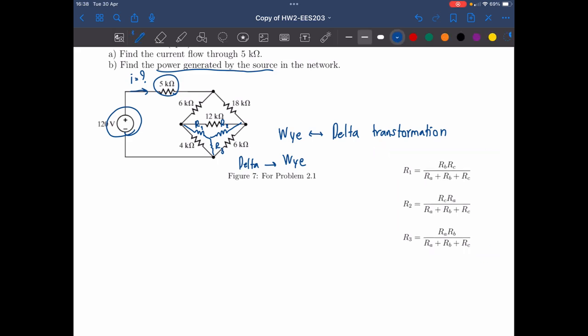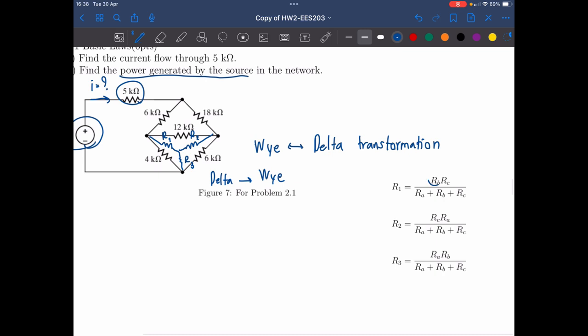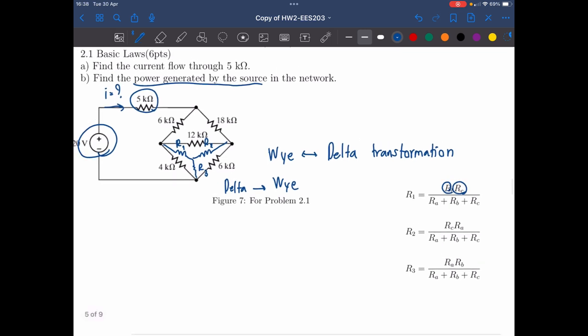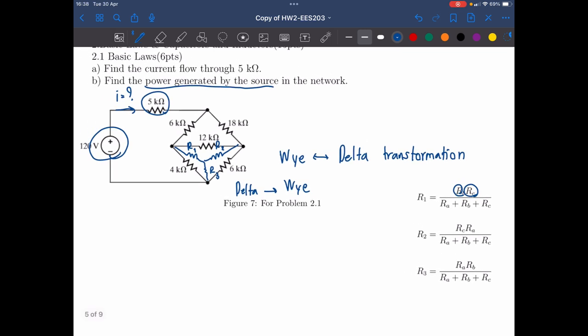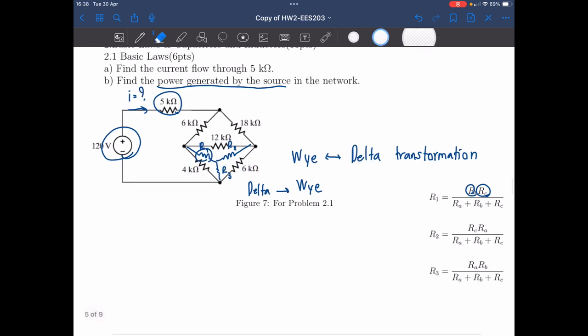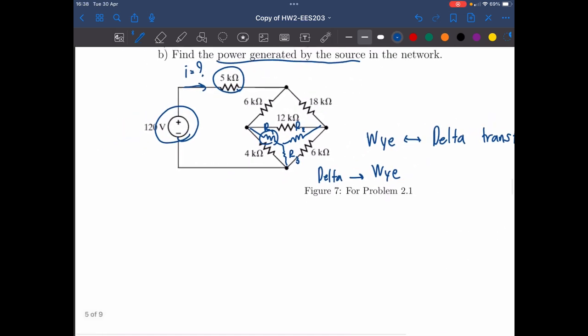You may be confused, but RB and RC in this case are just the compound resistors corresponding to this location, all divided by the total sum of all sides of the resistors. Now, to not make it more confusing, let's just draw it again.